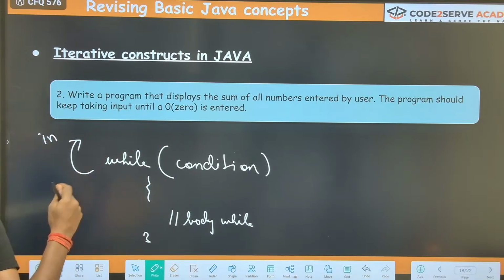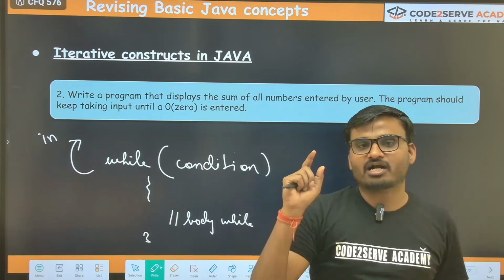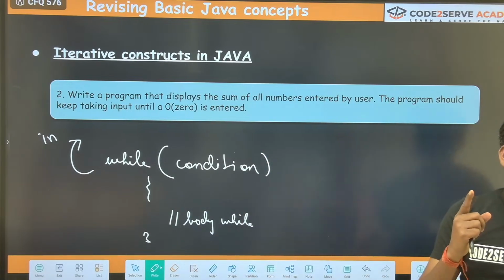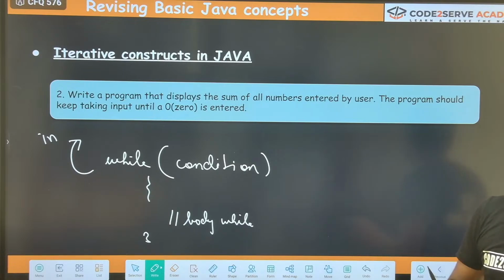So every loop that you write should contain three parts. First one is the initialization of any variable, second is the condition, always the condition should be present, and third should be your increment or decrement.